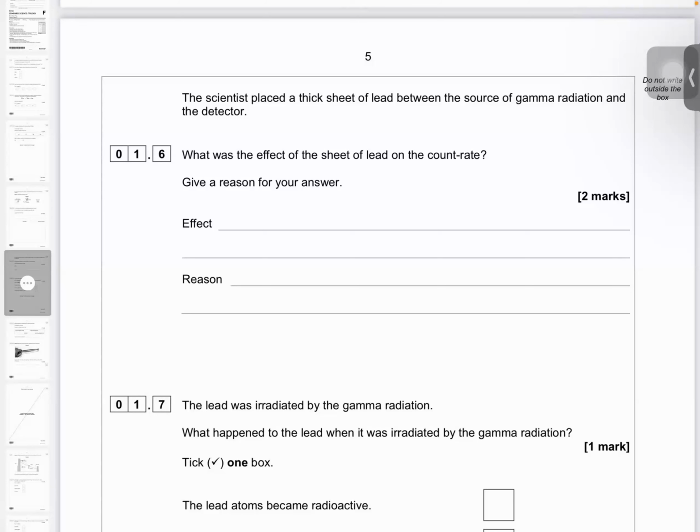It says he placed a thick sheet of lead between the source of gamma radiation and the detector. What was the effect of the sheet of lead on the count rate?